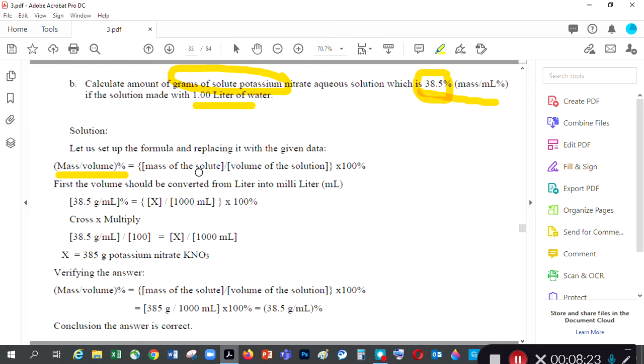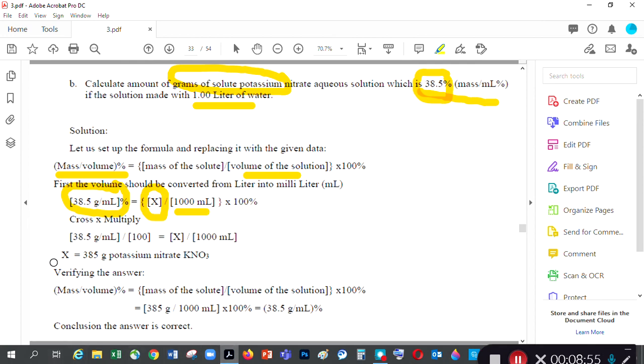The same thing: mass of the solute divided by volume of the solution multiplied by 100. This is the percentage you have, 38.5 percent, gram over mL percentage. X is our unknown mass of the solute, divided by 1,000 milliliters, because we have converted our 1 liter into 1,000 milliliters.